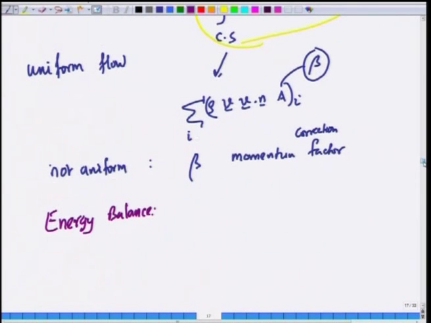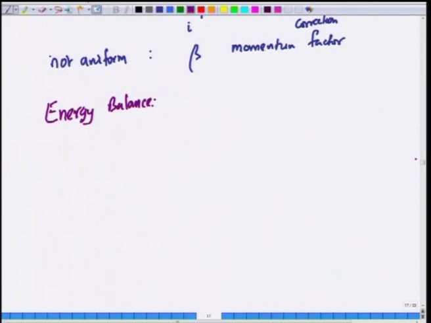Again, it is a restatement of the first law of thermodynamics for a flowing fluid, and when you have a single inlet and single outlet, the energy balance simplifies to the summation over all outlets.